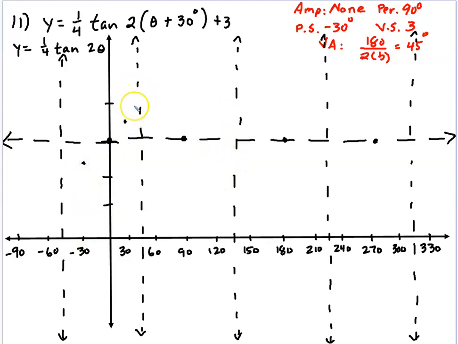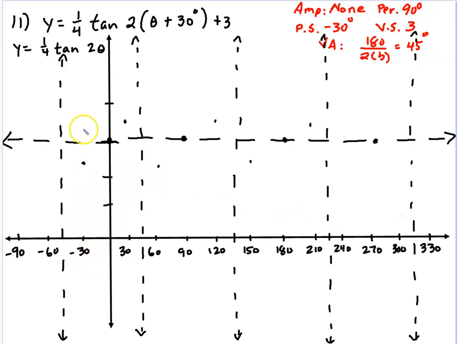Okay, so you can kind of get an idea that for just regular y equals 1/4 tan 2 theta, without sketching this whole thing, we're going to have these pieces, and it's going to continue to do this. Let me just put that point there. Okay, so you can kind of see that one, and then one more, and that one. Okay, well now let's do the shift, and this will be our official answer.